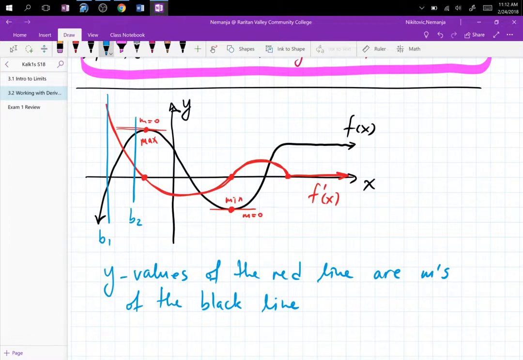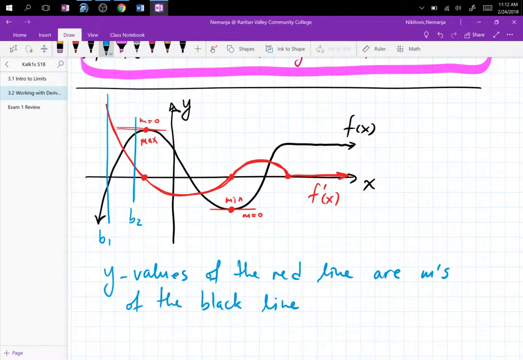Now observe what's happening with the numerical values of y for the red line at those intersections. Hard to climb up means large change, means high y value for the derivative. An easy gradual walk up the black line has a low y value of the red line.